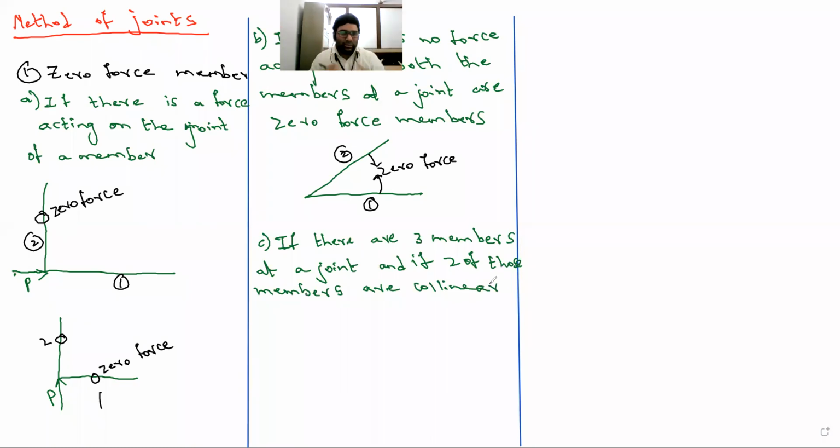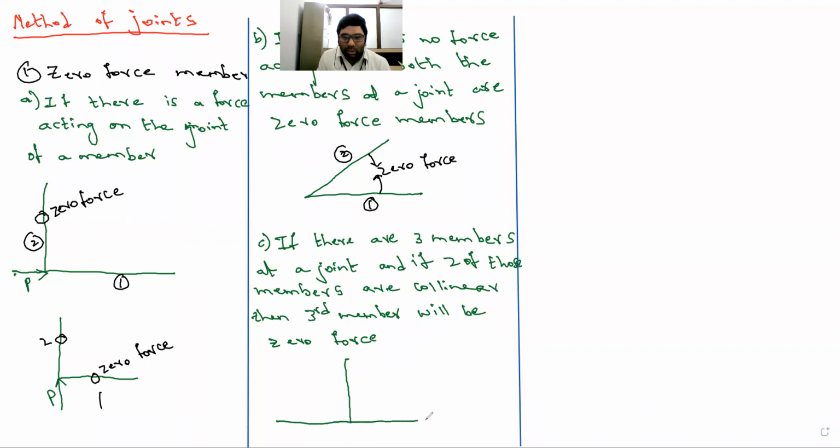So what do you mean by collinear? Collinear means they are straight. If two members are collinear, then the third member will be zero force member. So how do we do that? You see here.